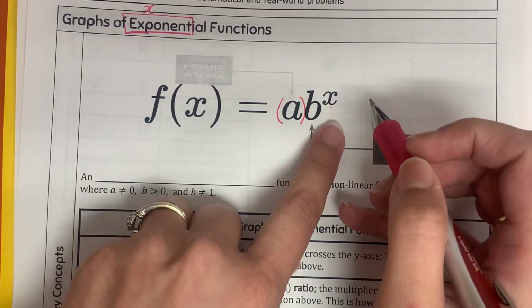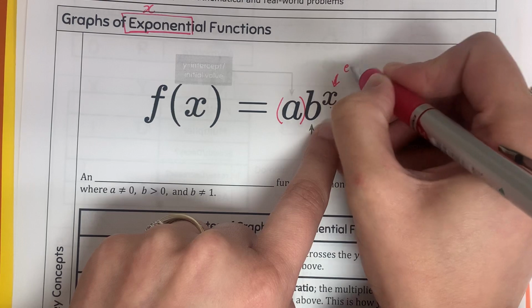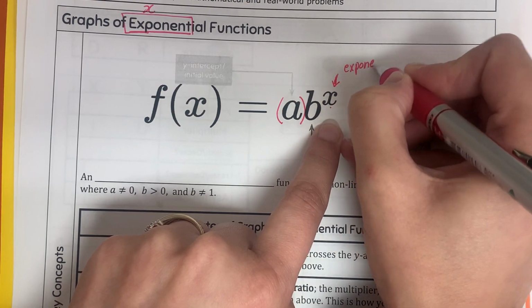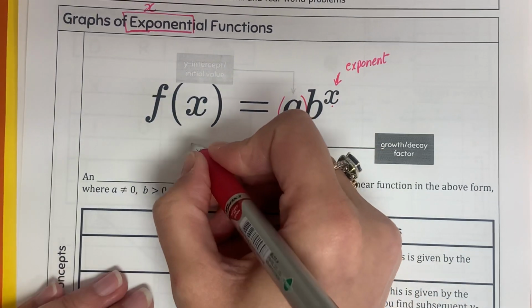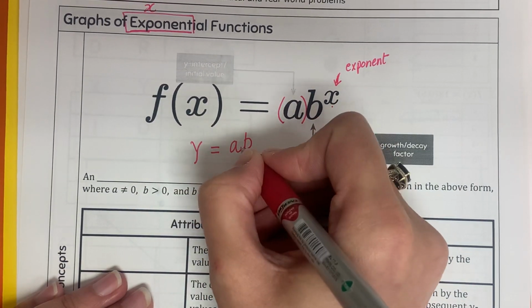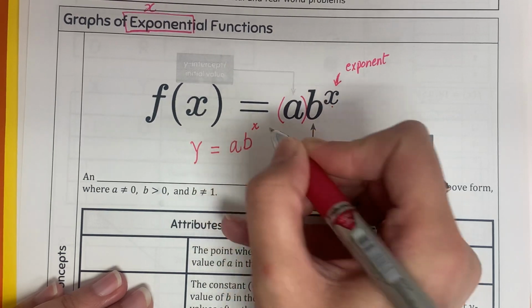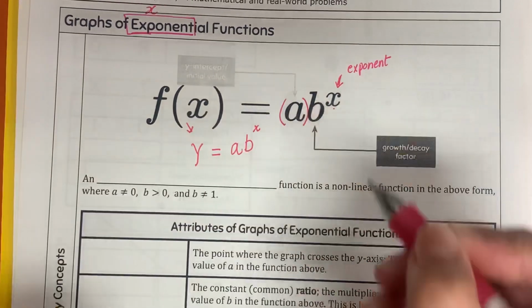It's not written right next to it, it's in the power. The other way of writing it, the one that you're familiar with, is y equals a times b to the power of x. So y is the other name of f of x.